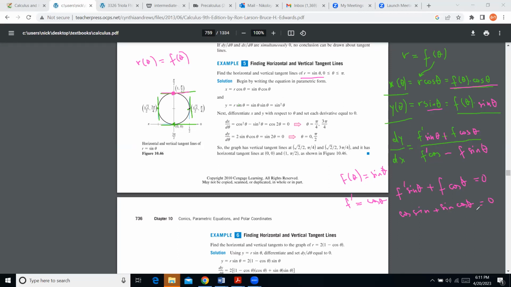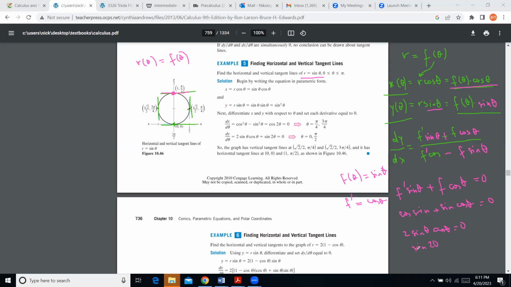So looks like sine cosine plus sine cosine, it'd be 2 times sine cosine is equal to 0, or we can say this is the sine of 2 theta, isn't it?